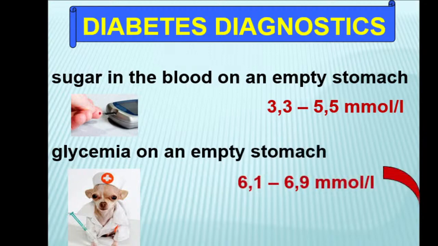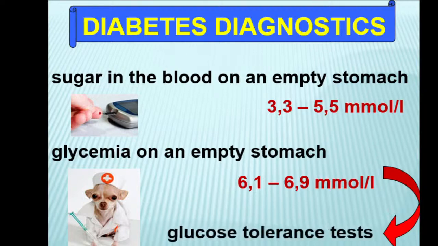If the level of blood sugar on an empty stomach is increased, we are talking about glycemia on empty stomach, and we send our patient for a glucose tolerance test. We will control the response of the organism to glucose loading.